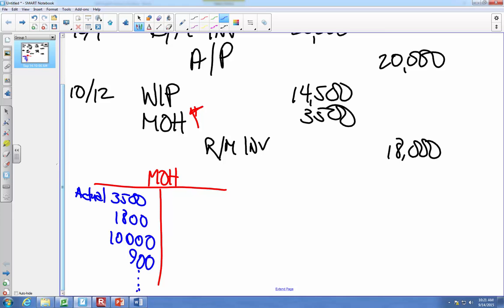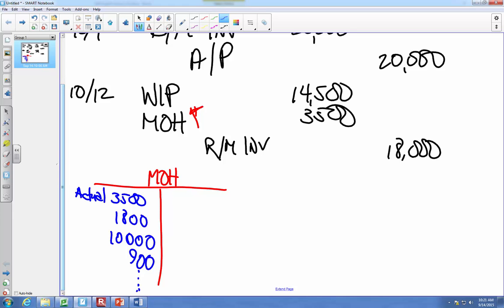And these are all going to have different credits, aren't they? Like for this one, the credit was raw materials inventory. For indirect labor, the credit's going to be salaries payable. For factory taxes, the credit's going to be AP. For depreciation, the credit's going to be accumulated depreciation. All my elements of actual overhead.